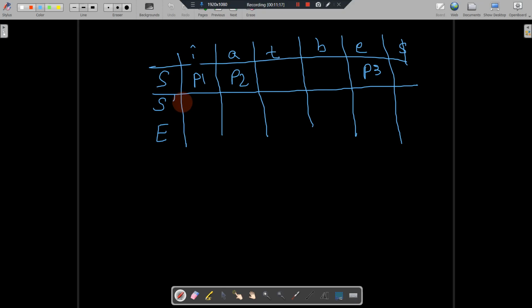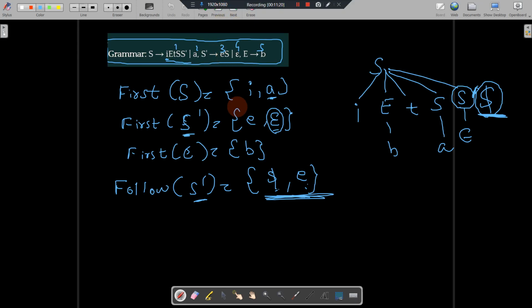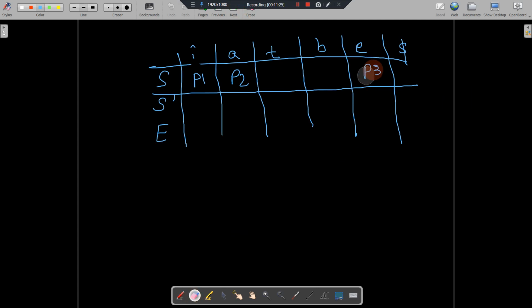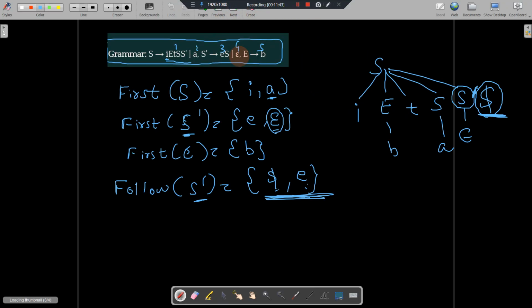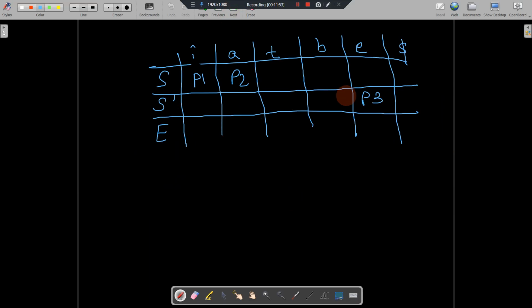Okay. From S dash, wait. From S dash, the first terminal is E. So we have to remove this. Okay, P3 is not here. P3 is from S dash. Be careful about this. And under E and dollar using P4 we are substituting, P4 on S dash.